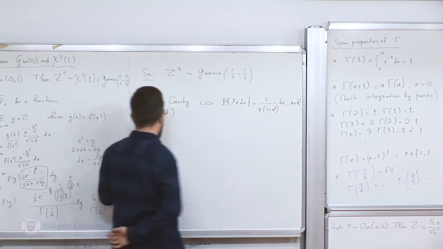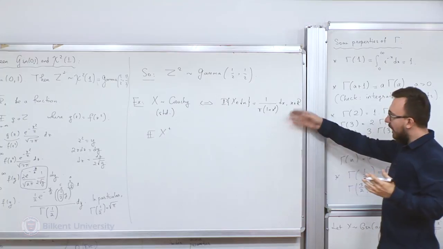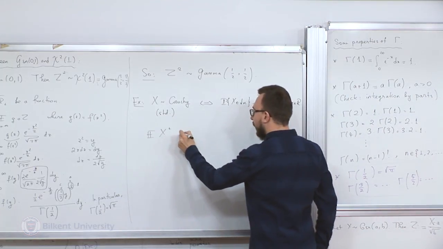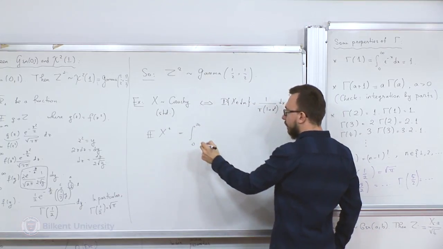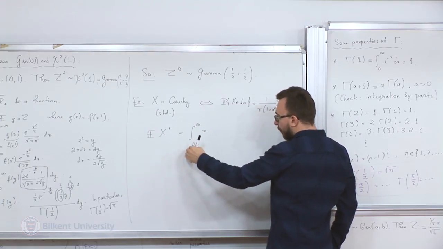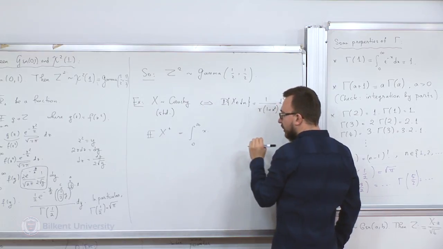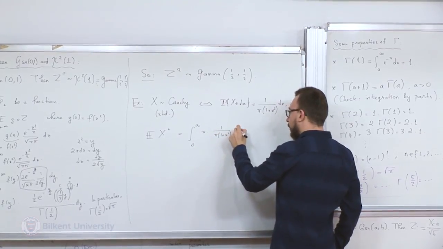So let's calculate the expected value of X plus. That's a numerical random variable, right? It can take plus and minus values. So the definition of expectation is what? Expected value of X plus minus expected value of X minus. So the expected value of X plus is what? You need to integrate from 0 to infinity x times this, because X plus is 0 on the rest of the real line. From minus infinity to 0, X plus is just 0. So this is this integral.